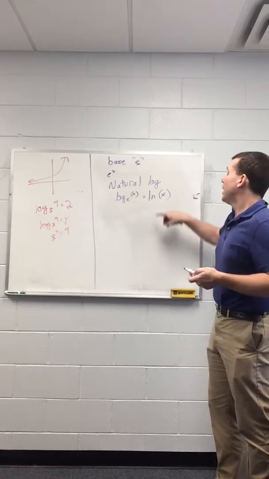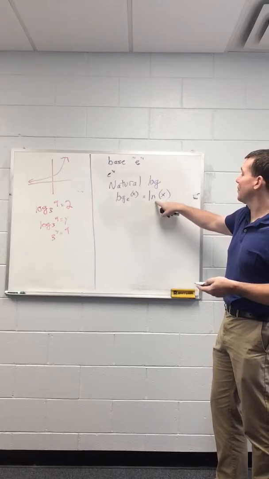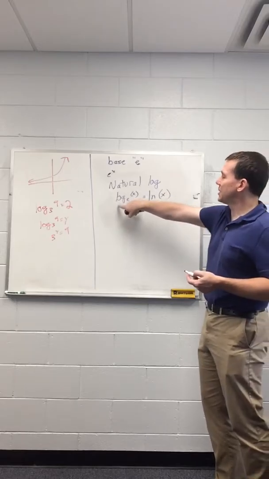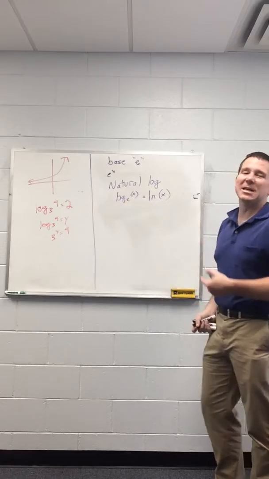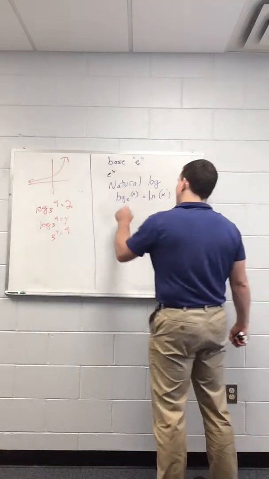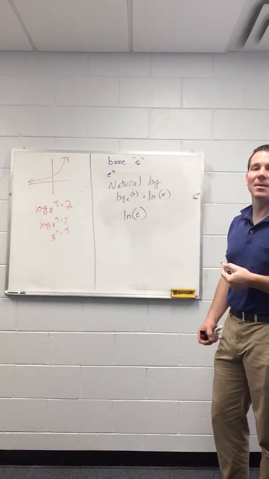But essentially, we write it like this. If I write it in this shorthand, which is how we're going to write it, you don't write the base, you just say ln of x, because it's understood that's log base e of x. It's just a shorthand notation. So, suppose we have ln of e.